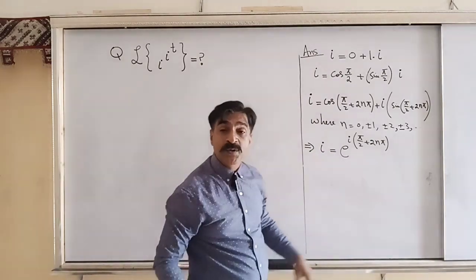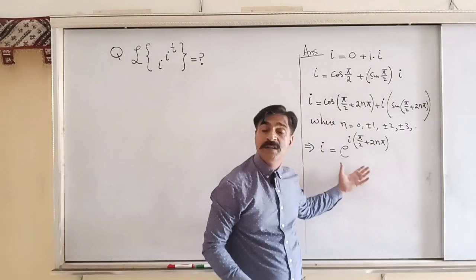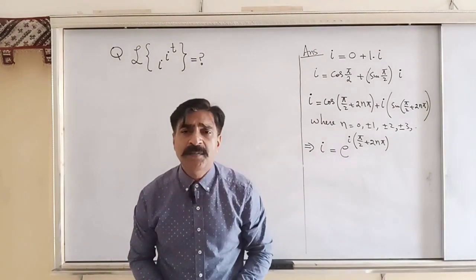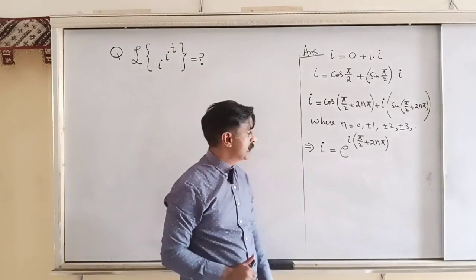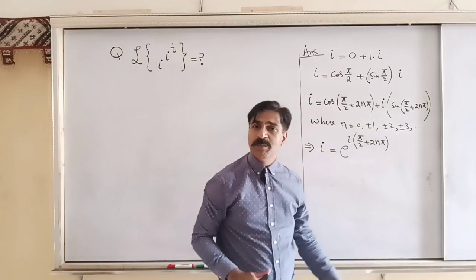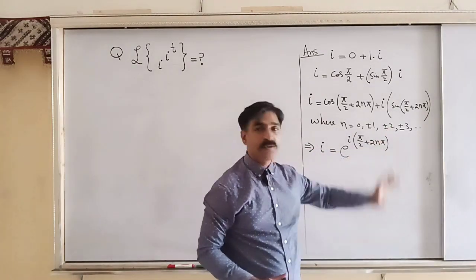I would suggest you should remember this result also. This is a very elegant result and frequently used in physics and other scientific calculations, that iota is equal to e to the power iota times pi by 2 plus 2n pi.